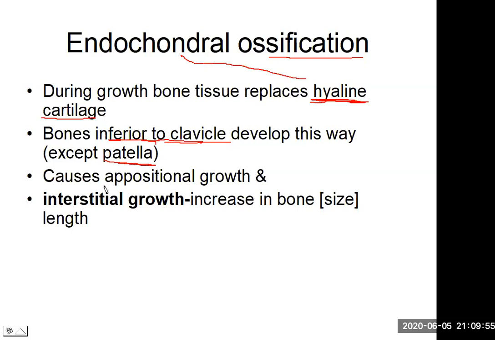All of the bones in our body build up their external surface, depositing bone to the surface, making them thicker and wider. But now we have this term called interstitial growth, and this is going to greatly affect the length of the bones, how long they grow.